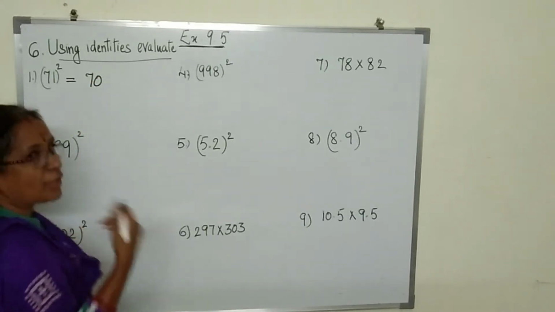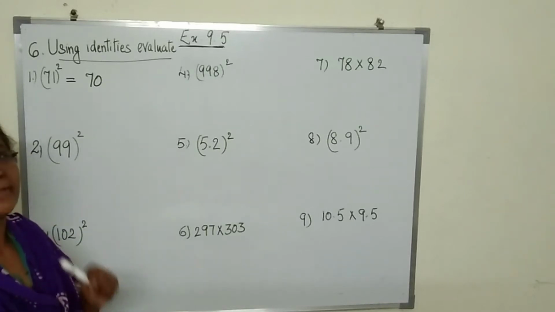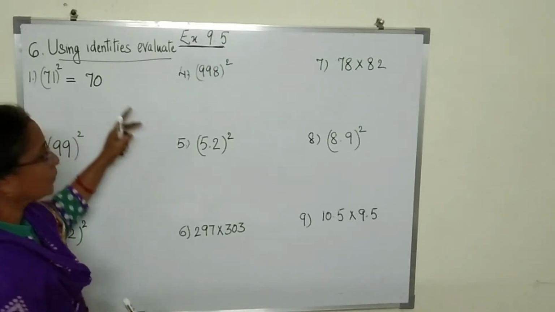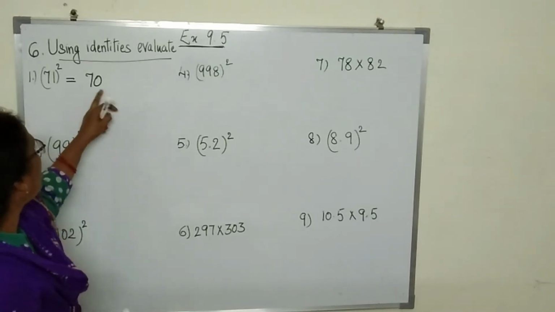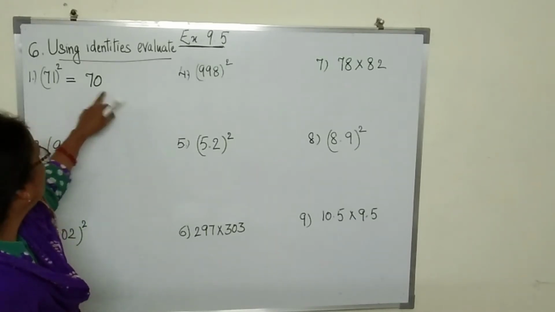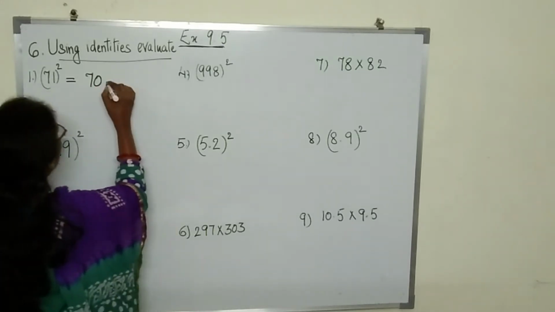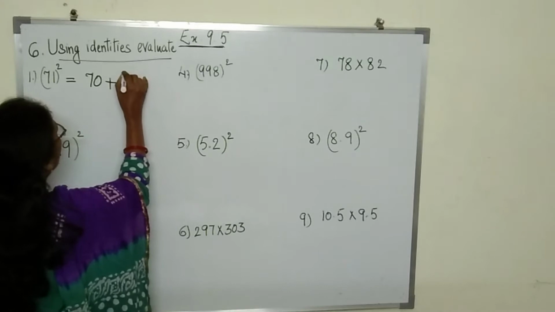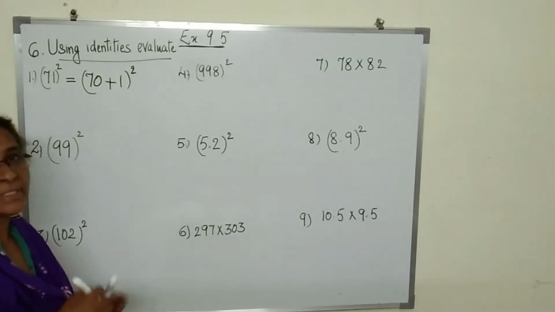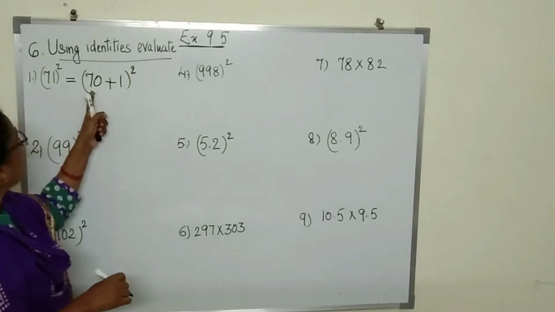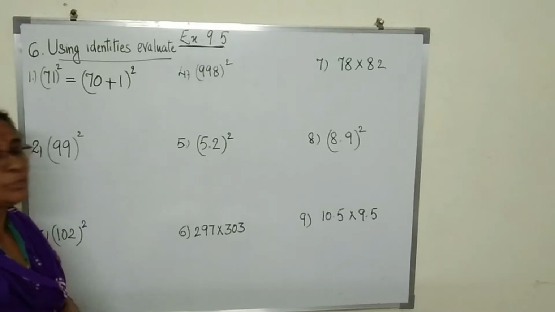Now again think. How can you make 70 to 71? Either we have to add or we can subtract. What can we add to 70 to make it 71? We know that 71 is (70 plus 1) whole square. Now look at this. This is in the form (a plus b) whole square. Now you know how to do it.